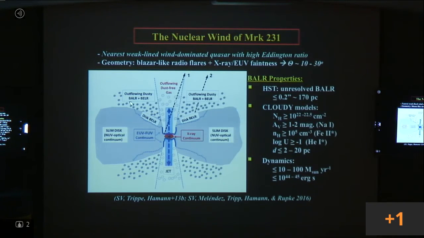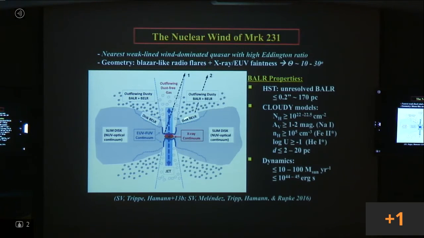There are also radio flares in the system that were detected in 2013, which seem to suggest it's blazar-like, where we're looking pretty close, not quite down the throat, but close to it. So we think that we're looking at this structure along this line of sight. So there's a constraint there as well.